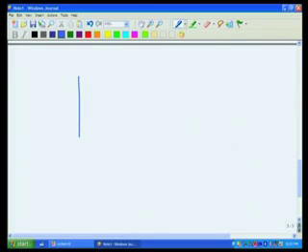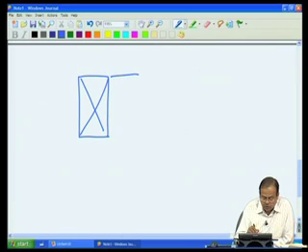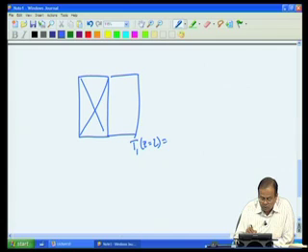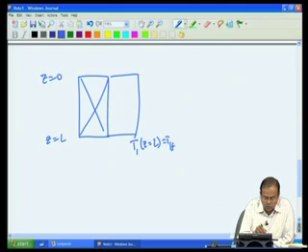Okay. So, what we said was this was my reactor, this was my shell, T1 at Z equal to L is T1F, this is my Z equal to L, this is my Z equal to 0, this is my temperature T1 here, T2 here and concentration C1 here.